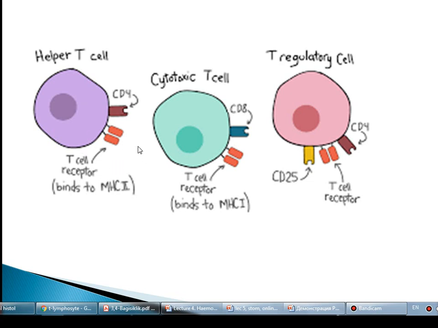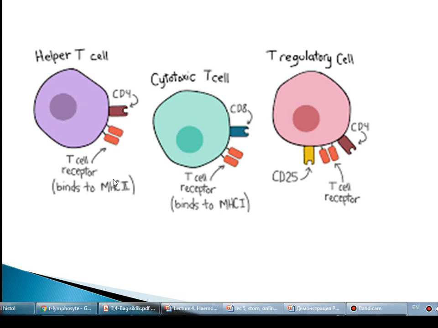MHC class 1 molecules are on the cell membranes of nucleated cells. They are recognized by the T cell receptor of the cytotoxic T cell, which has CD8. It will bind to the MHC1 complex on the surface of membranes of nucleated cells.